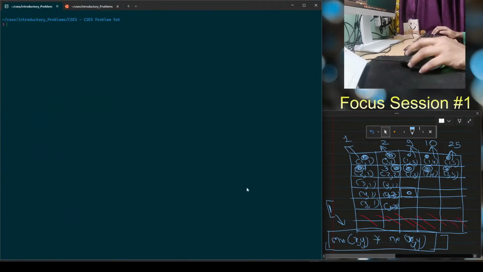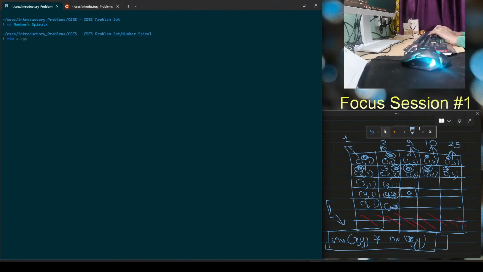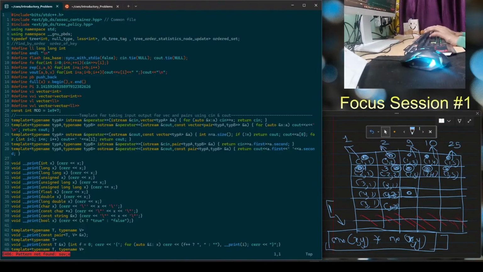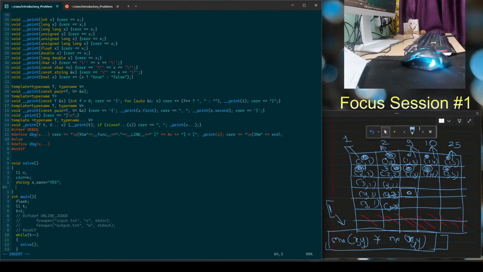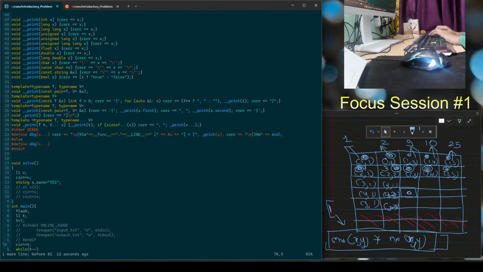What was the name of the column again? Story control spiral. Memory control spiral. Okay, let's just do this. Okay, what is given? Okay, my bad. Just require 3 test cases.